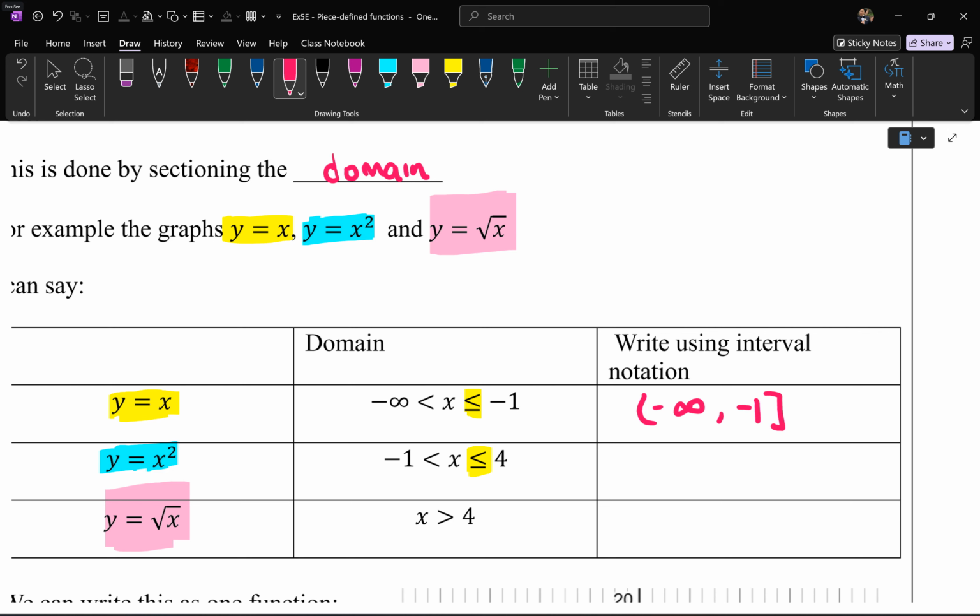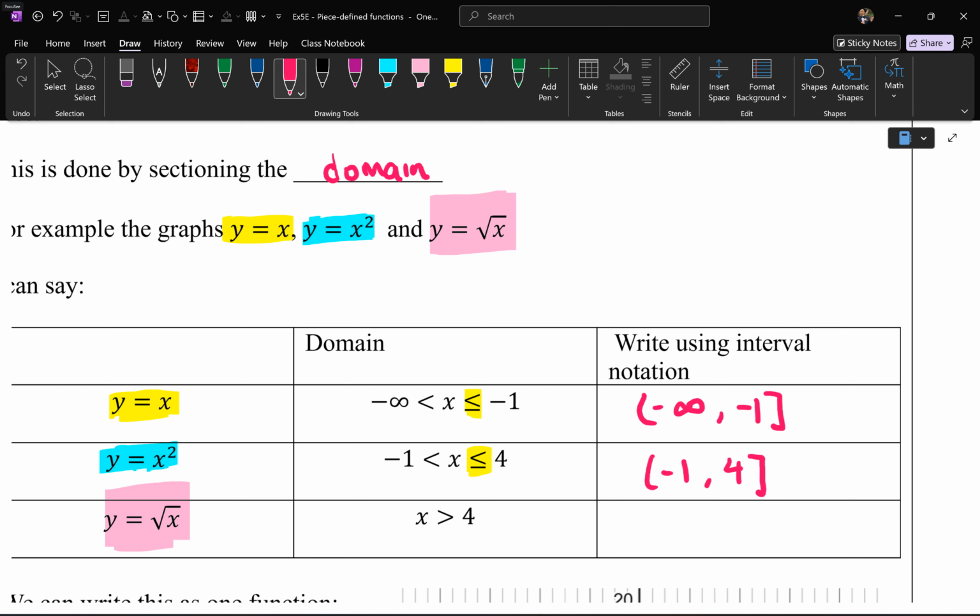Remember, smallest number is on the left, larger number on the right. If it's equal to, make sure to use square brackets. If it's not equal to, use open brackets. Let's have a go with another one. What about -1 to 4 inclusive? Let's go with Lucky. What do you think the interval notation would be? Open bracket, -1, and then 4 square bracket. Beautiful. These two mean exactly the same thing.